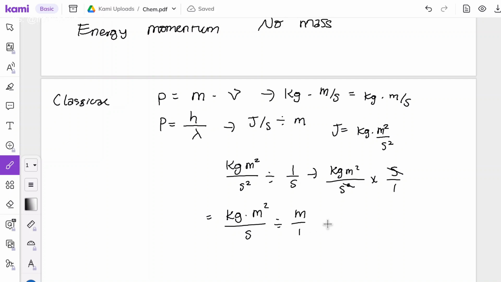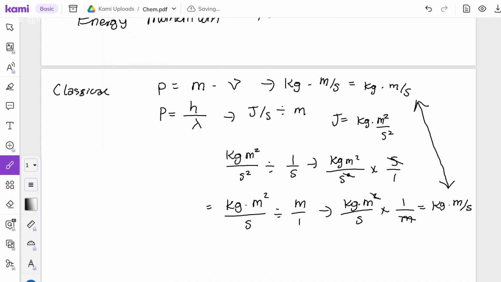Once again, one of the meters cancels out. And just like the first equation, you're left with kilograms times meters per second. They're both the same thing from different equations. You don't have to know this whole process, but I'm just explaining why they're similar.